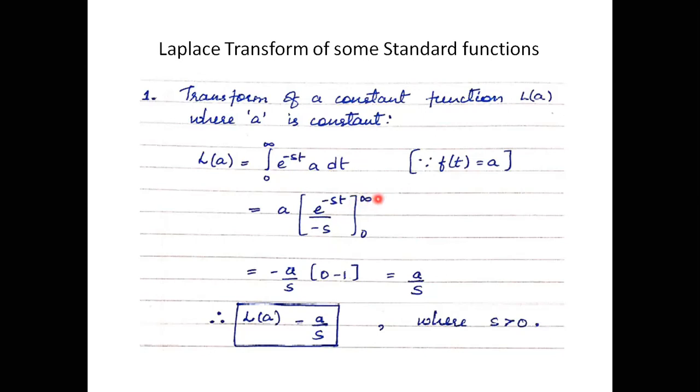Applying the limits, e power minus infinity is 0 and e power 0 is 1. I have taken this minus s outside as it is a constant, so minus a by s into 0 minus 1 is a by s. So Laplace transform of a is equal to a by s.